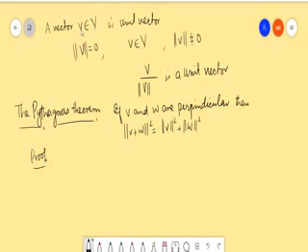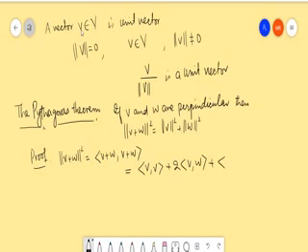We can also verify the Pythagoras theorem: if V and W are perpendicular vectors, then this equality holds, that the square of the norm of V plus W is equal to the square of the norm of V plus the square of the norm of W. And this can be verified using our definition of norm, which is that the norm of V plus W squared is equal to the scalar product of V plus W with V plus W. And using the properties of scalar product, we can show that this is V with V plus 2 times V with W plus W with W. And since V and W are perpendicular, their scalar product is 0.